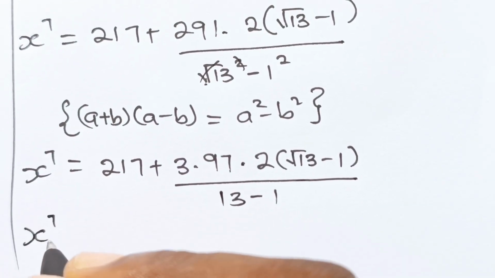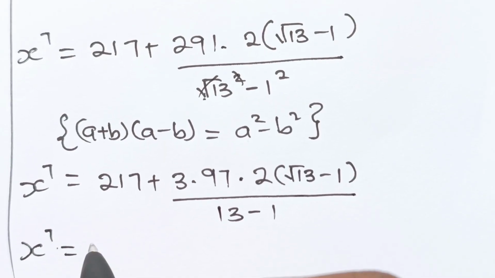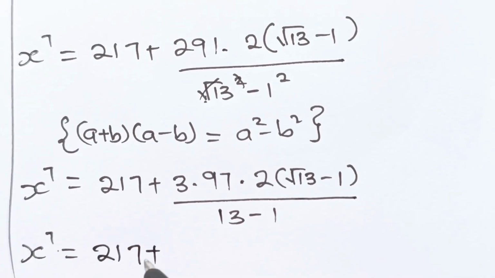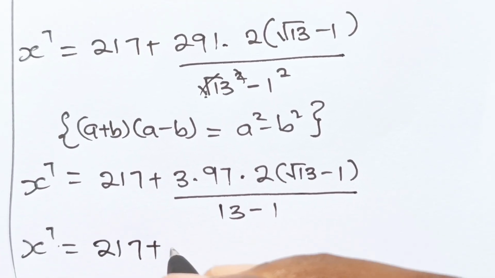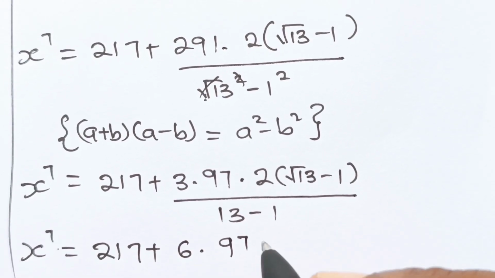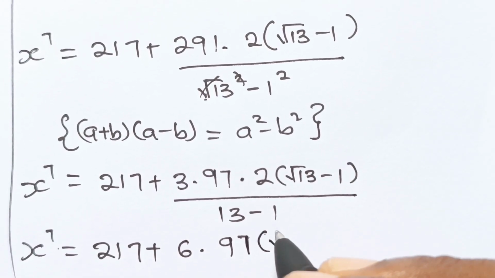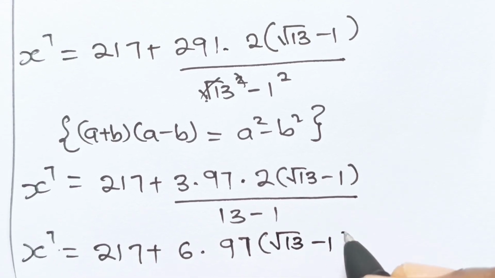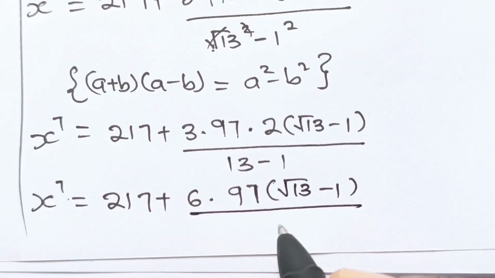So we have x to the power of 7 is equal to 217 plus 3 times 2 is 6, so 6 multiplied by 97 brackets root 13 minus 1 divided by 12.